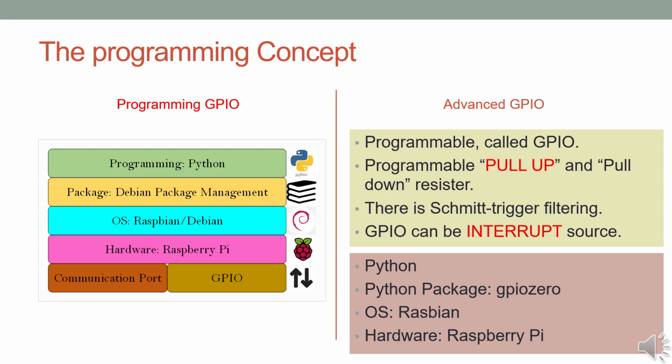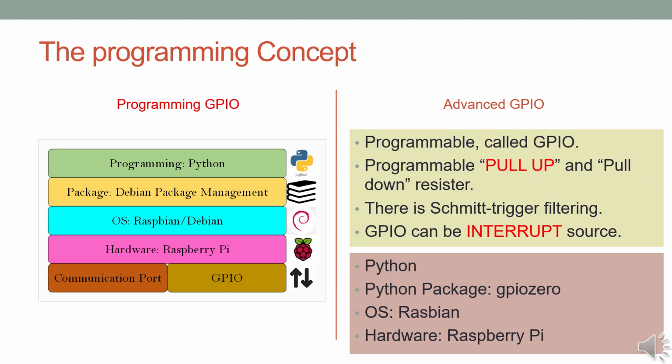Simplifying GPIO with libraries. To make hardware programming easier, Raspberry Pi provides Python libraries such as RPi.GPIO, which gives low-level control with more manual setup, and gpiozero, a high-level abstraction that simplifies configuration and usage. These libraries manage the underlying complexity for developers.